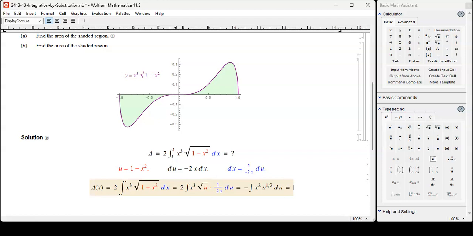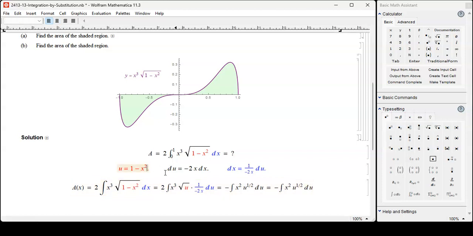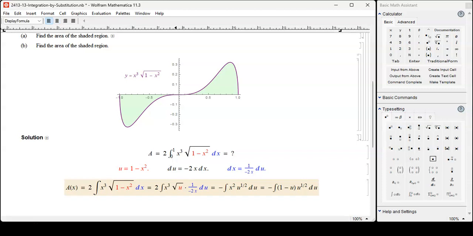What is x squared? u is 1 minus x squared. If you calculate x squared, it will be 1 minus u. So we end up with this integral computation.